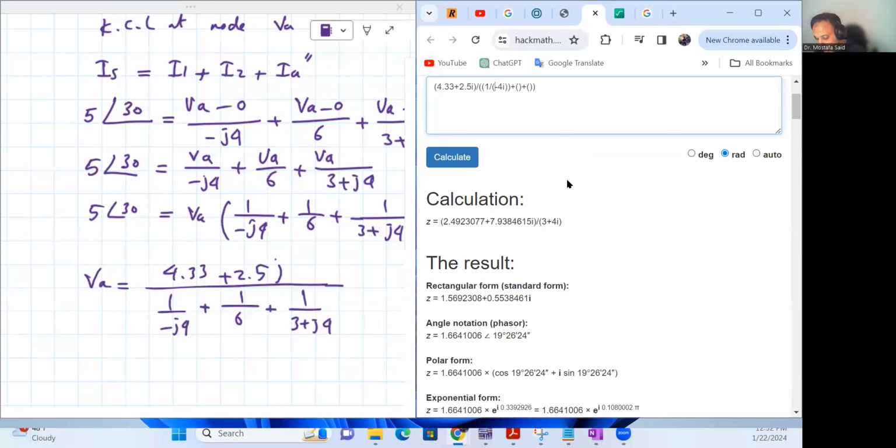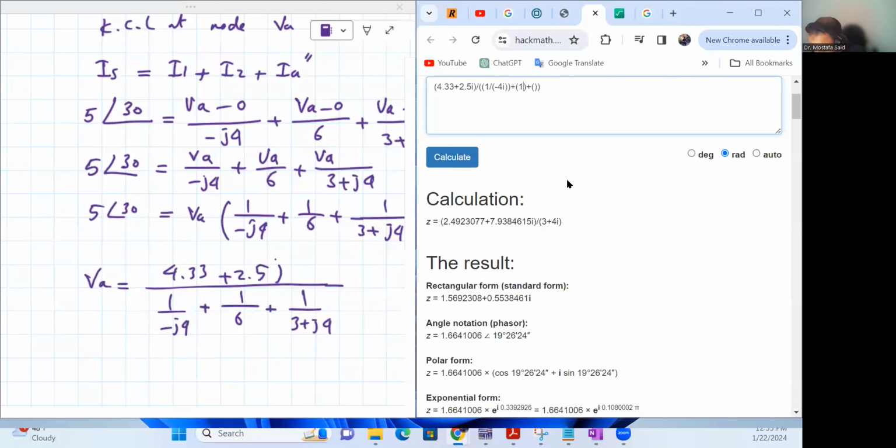And don't put two signs directly next to each other, like a plus then a minus. So we put a separator, which is a parenthesis, between the plus and the minus.